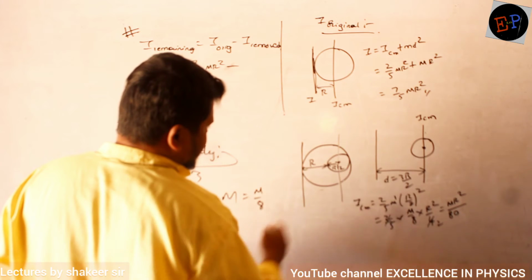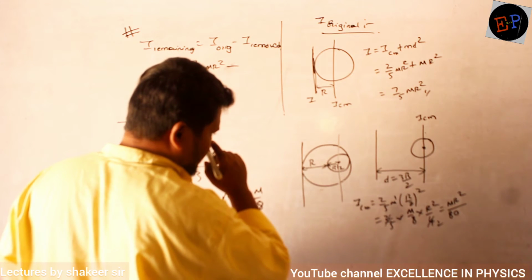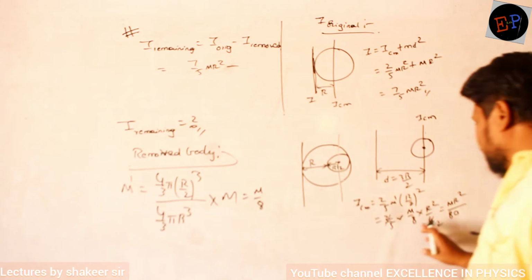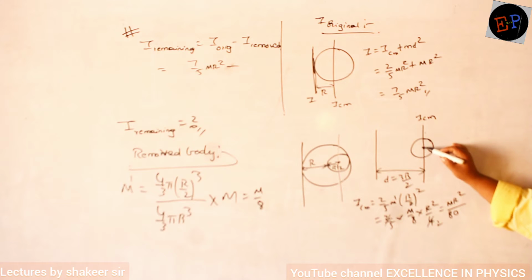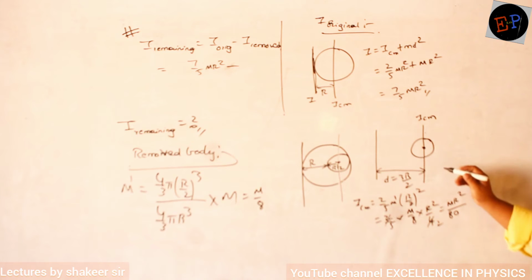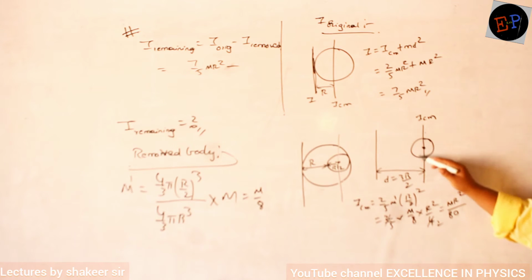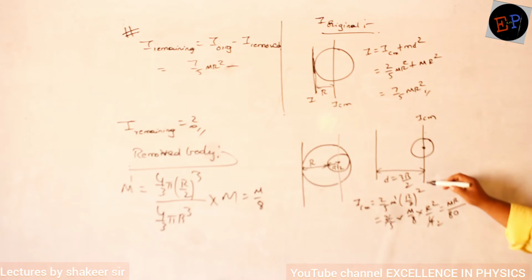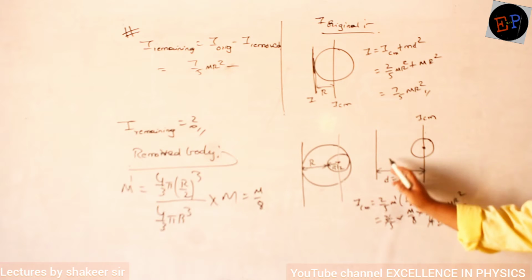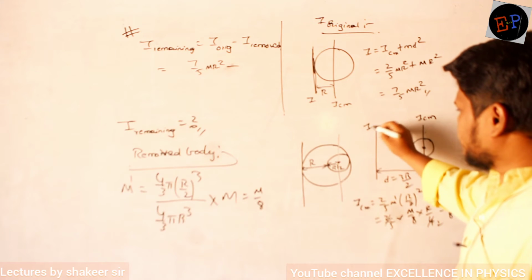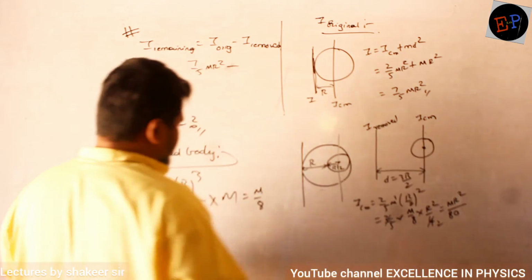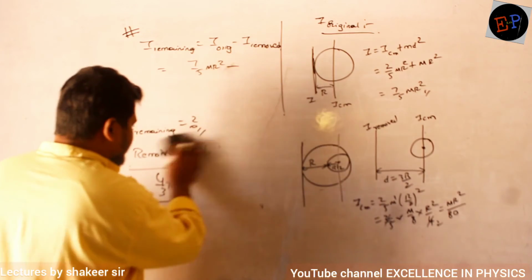It is mr square by... oh no, see, we have calculated only I center of mass, only this value. The moment of inertia about this axis we have not calculated. I made a small mistake here. We have calculated the moment of inertia only about the center of mass of the removed body. But I want the moment of inertia about this axis. So this is the moment of inertia of the removed body. First of all, let us calculate that one. So the moment of inertia of the removed body is how much?